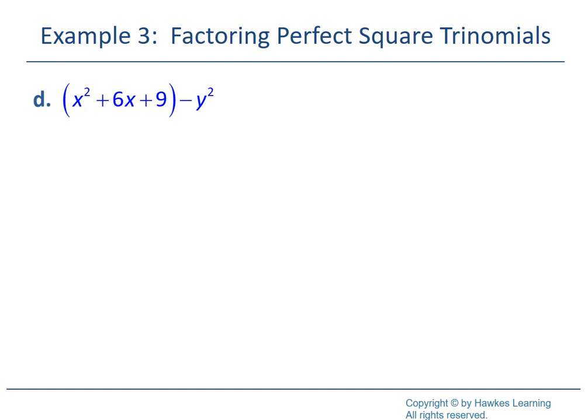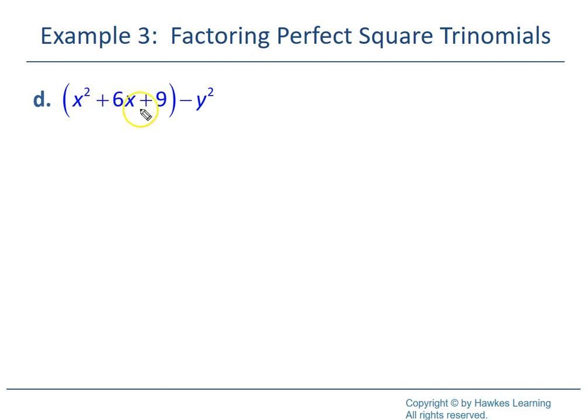Now, this one, it gets a little bit tricky here, because sometimes what they'll do is they won't have this parenthesis here. They'll just have these 4 terms without the parenthesis. And then you have to recognize and put in the parenthesis that this is a perfect square trinomial.